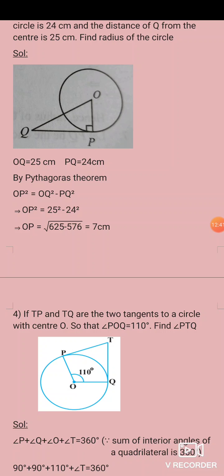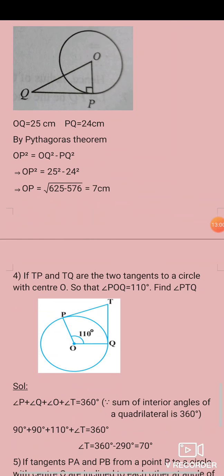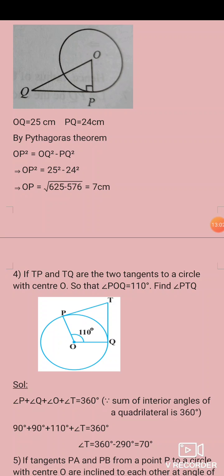So angle P and angle Q are 90 degree. Angle P plus angle Q plus angle O plus angle T is equal to 360. So angle PTQ is equal to 360 minus the sum of all that, 290, which is equal to 70 degree.